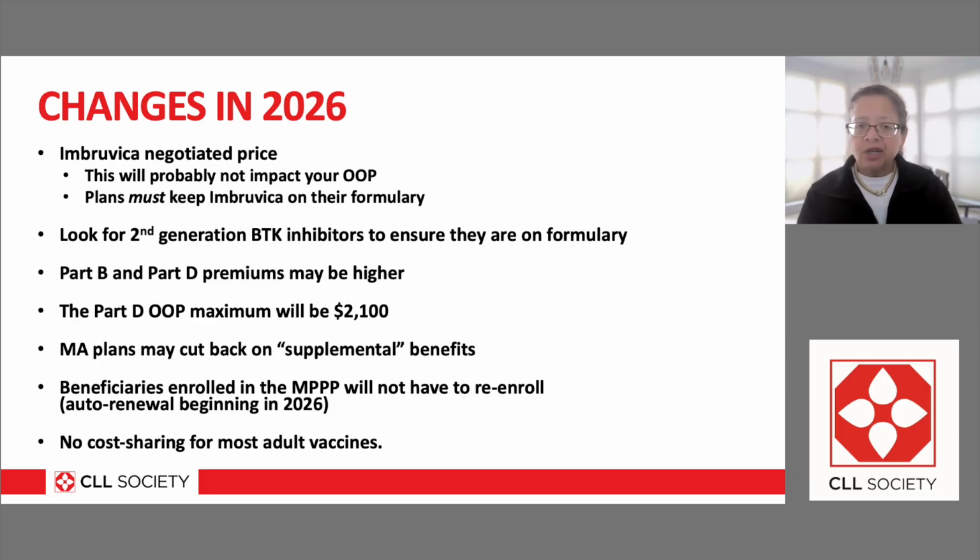However, the implication of having the Imbruvica negotiated price on the formulary for the first time next year is a different implication. The government has been very strident with Part D plans to say, we took the time and trouble to negotiate down the price of this drug. You must make sure, United, Aetna, etc., that that drug, Imbruvica, is on the formulary.